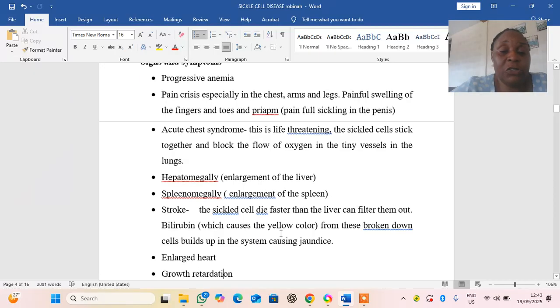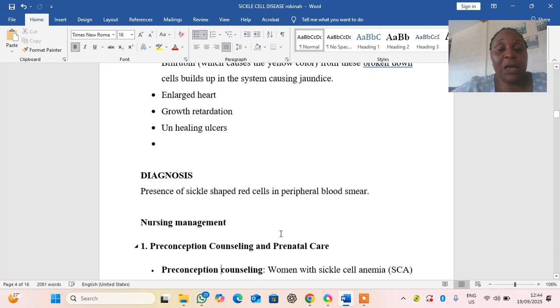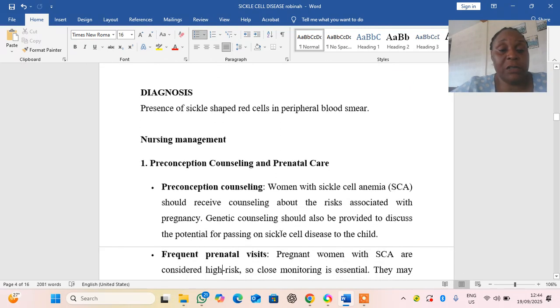Splenomegaly and stroke can also come in, because the sickle cells die faster than the liver can filter them out. So this bilirubin, which causes a yellow color from these broken down cells, builds up in the system and causes jaundice. Then we may have heart enlargement, growth retardation, and maybe unhealing ulcers.